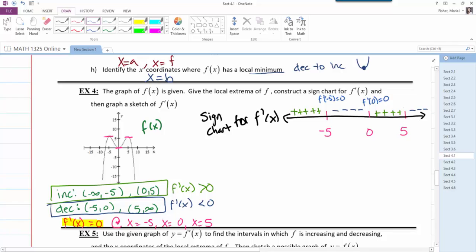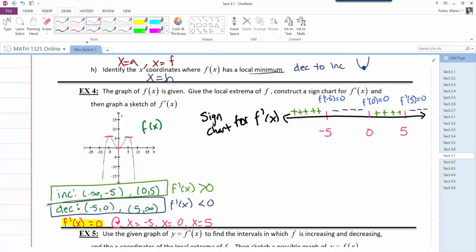And at 5, the same thing, so here we'd write f prime of 5 equals 0. So that is the sign chart for the first derivative. You're positive, then you're equal to 0 at negative 5. You're negative, then you're equal to 0 at 0. Then you're positive, and then you're equal to 0 at 5, and then you're negative all the way to infinity.